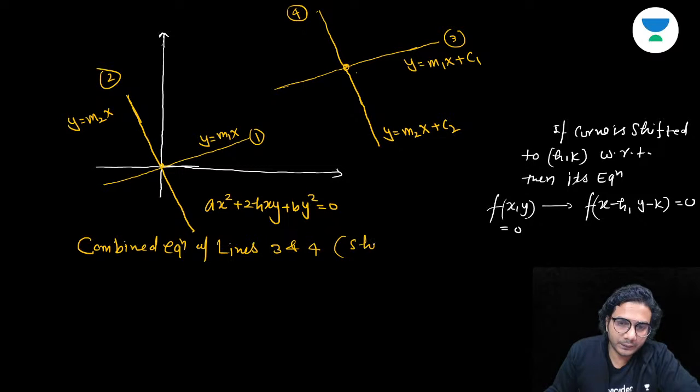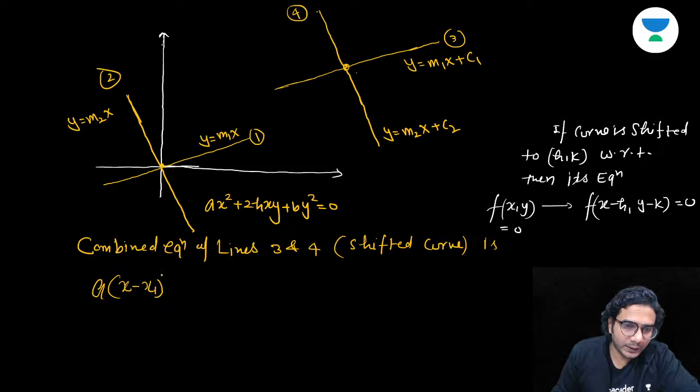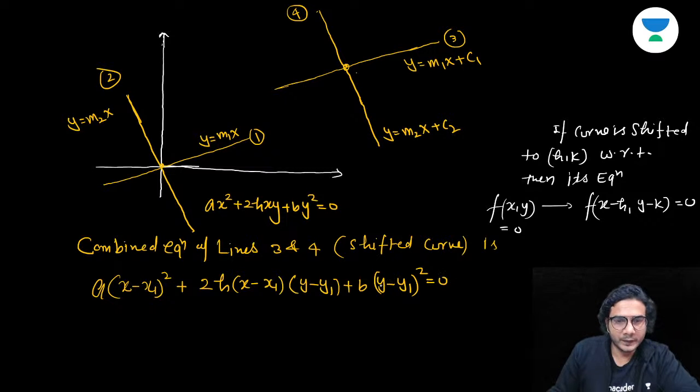That means shifted curve is given by, okay, so what will it be? A times of x minus x1 square plus 2h x minus x1 into y minus y1 plus b times of y minus y1 square. All right, this is the equation of shifted curve. All right, this represents the third and fourth line.